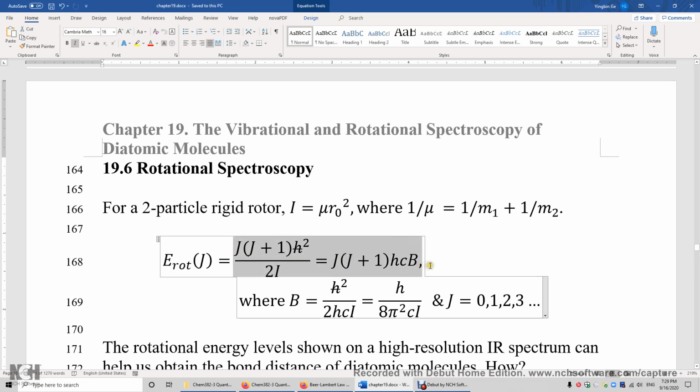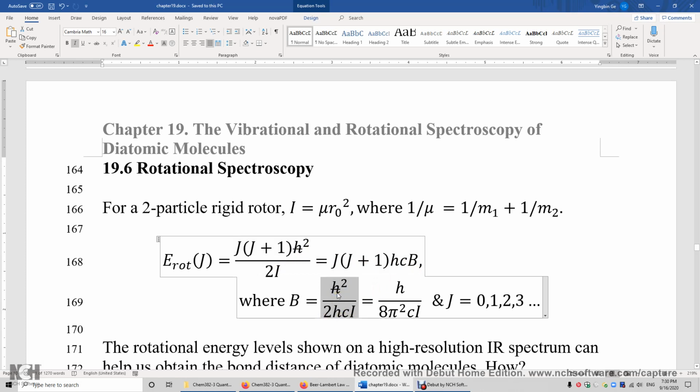We simply write out the rotational energy in this expression, J times J plus 1 times hcB, and B is a constant with a unit the same as wave number. If you compare these two equations, we can cancel J times J plus 1. So B is really h bar squared over 2I over hc.